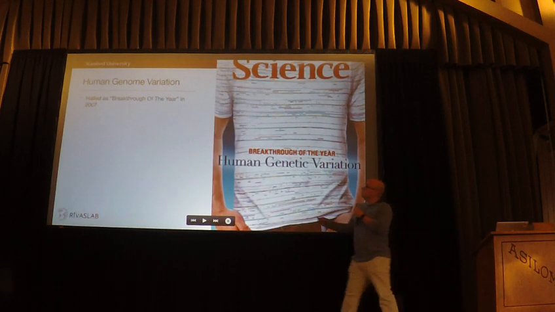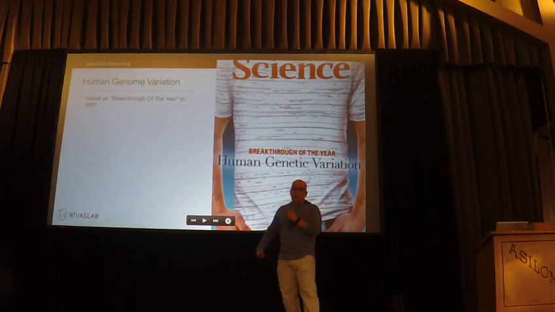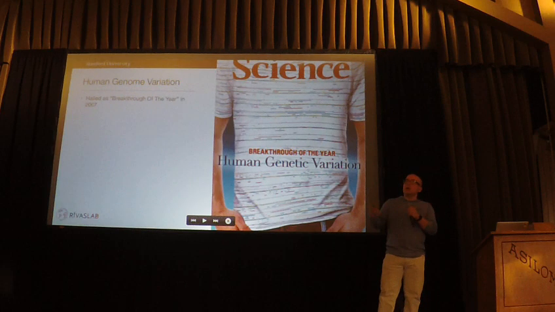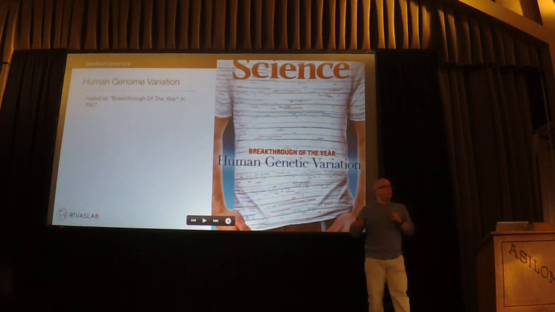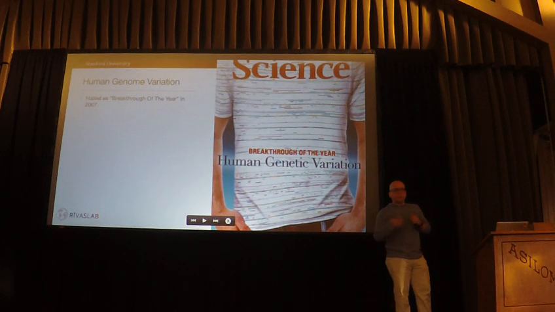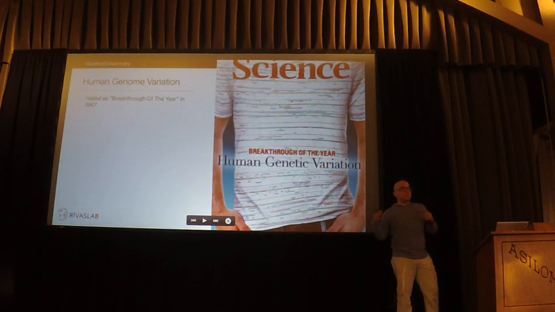In 2007, the HapMap project and other projects that started collecting information about genetic variation in the human genome were considered the breakthrough of the year. A lot of the technologies and researchers around the world gathered together and started characterizing where mutations in the genome exist.